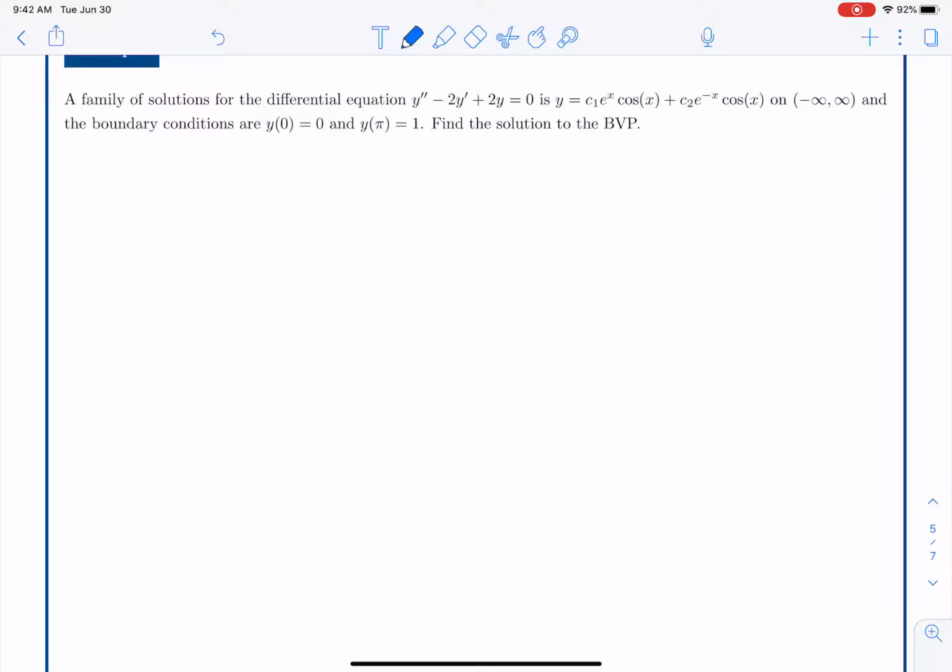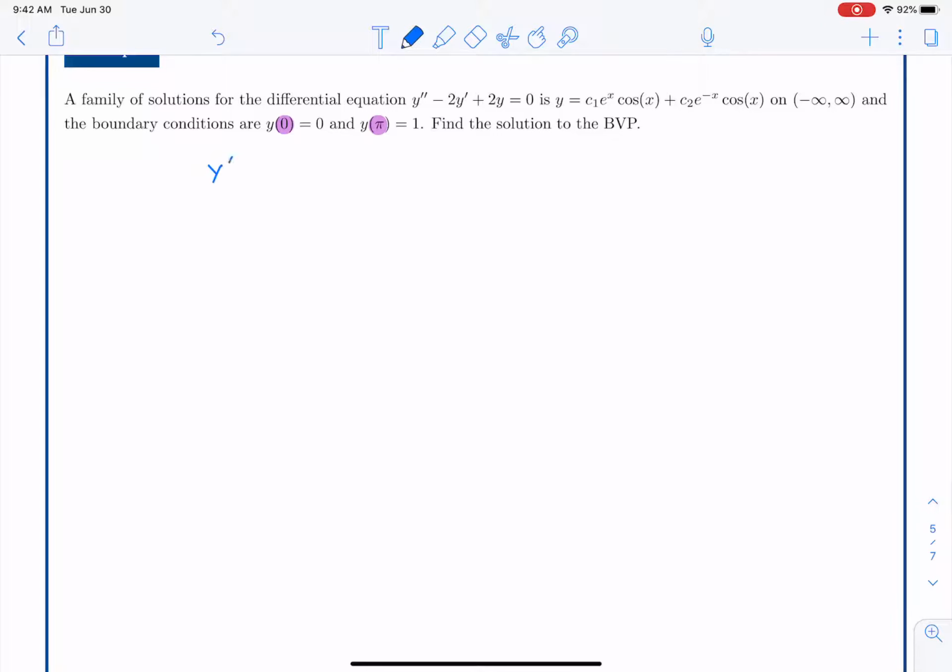So here the boundary is between 0 and pi. So we're defining the solution to be a certain way between 0 and pi. And those two would form the endpoints of the solution, and hence we call it the left and right boundary of the solution. Therefore, the problem here is a boundary value problem.